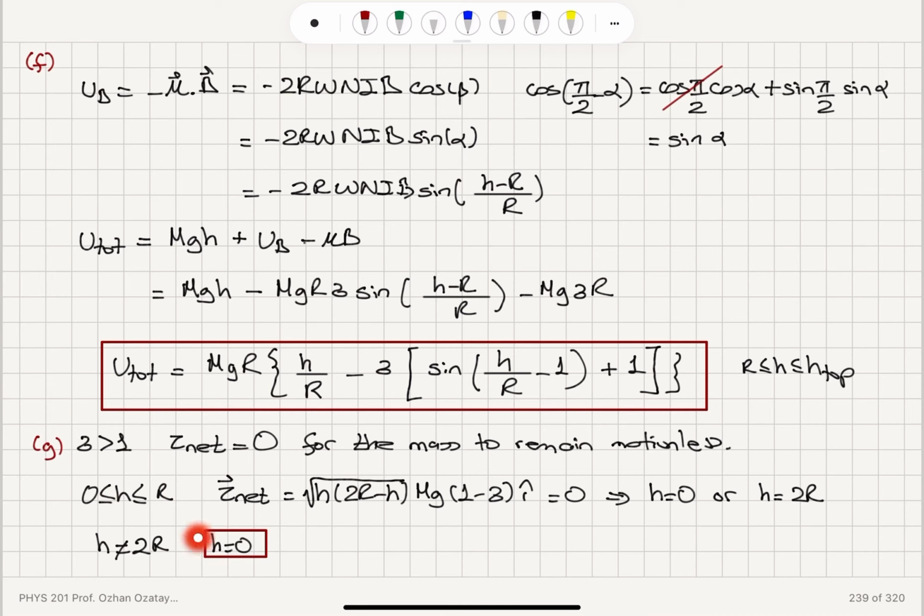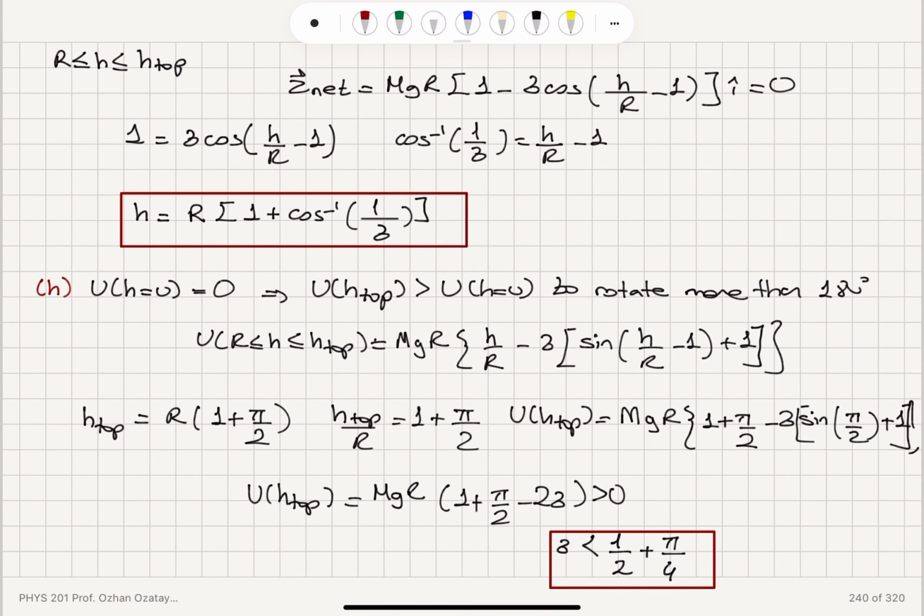So the only answer is h equals 0. If h is between R and h top, then this net torque should be equal to 0, which tells me that h equals R times (1 plus inverse cosine of 1 over sigma), implying that sigma has to be greater than 1, as suggested in the problem statement. Provided that sigma is greater than 1, this is a solution.